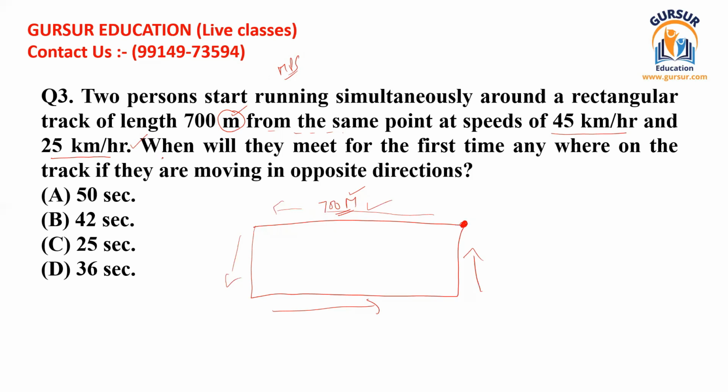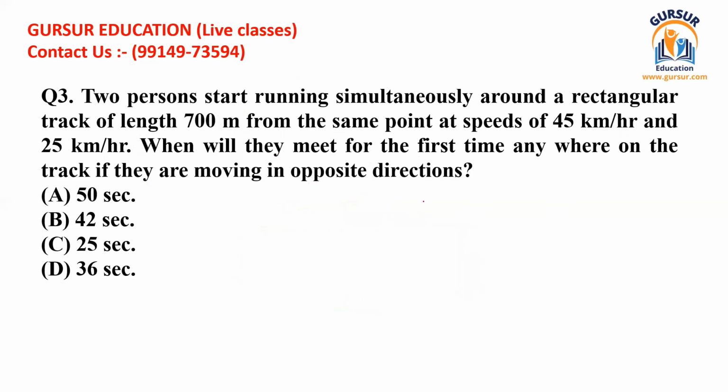The next statement is, when will they meet for the first time if they are moving in the opposite direction on the track? Okay, so this is the case. So I'm just writing it all again. This is the rectangular path. From this point they are starting.